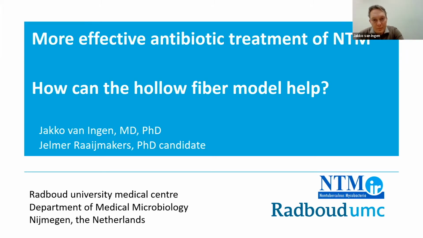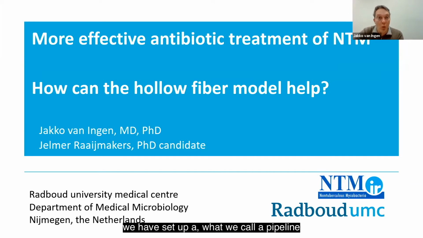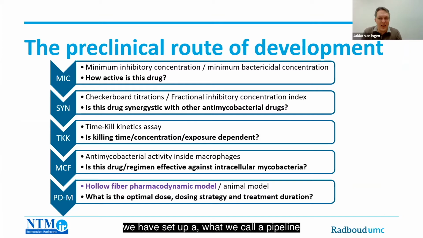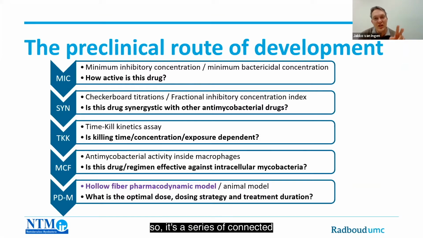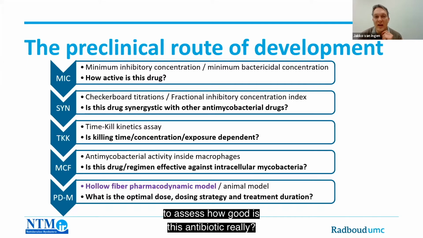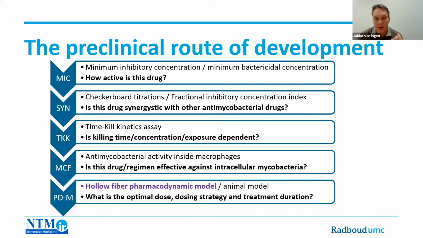So we have set up what we call a pipeline. It's an awful word, but it's used for a lot of things. It's a series of connected technical works, a series of techniques that we use to assess how good this antibiotic really is. Usually that starts off with relatively simple testing.